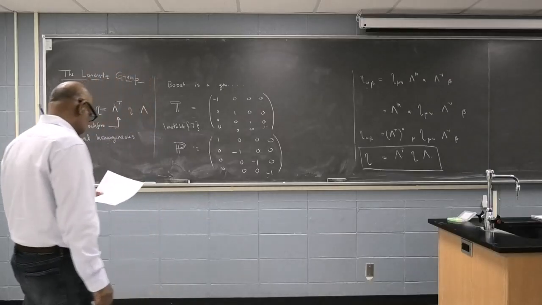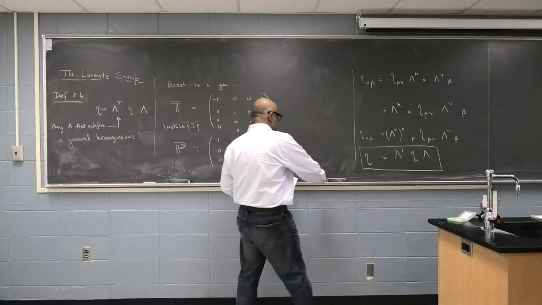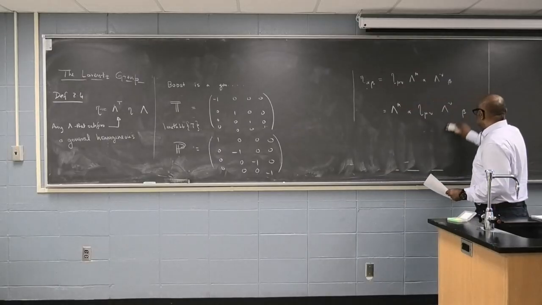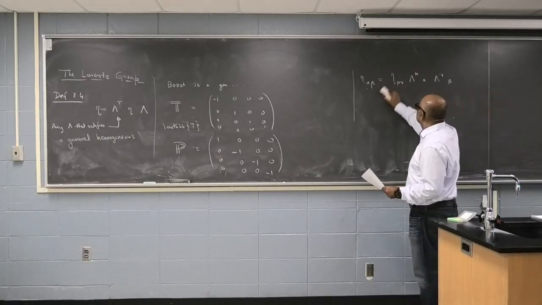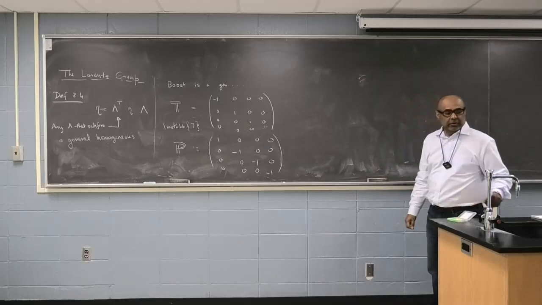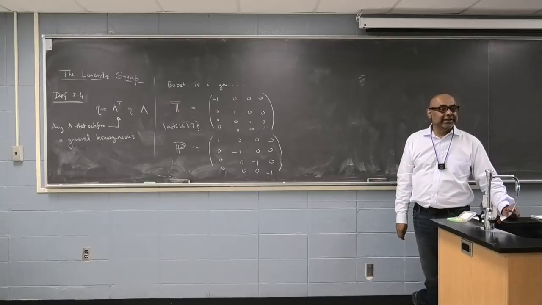This is also a general homogeneous Lorentz transformation. Those two, their transpose is just equal to themselves. Correct. They're only reversing things, so it's reversing and then unreversing. So if you do it twice, you get identity.